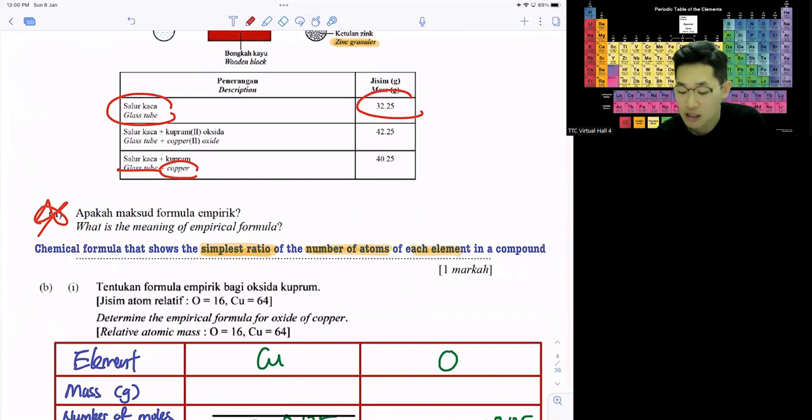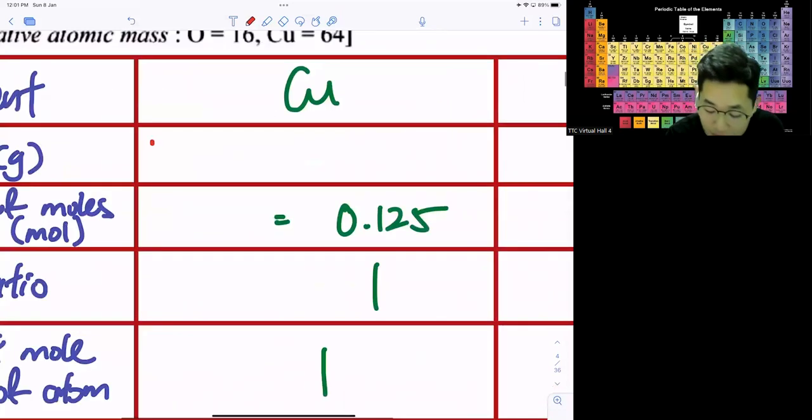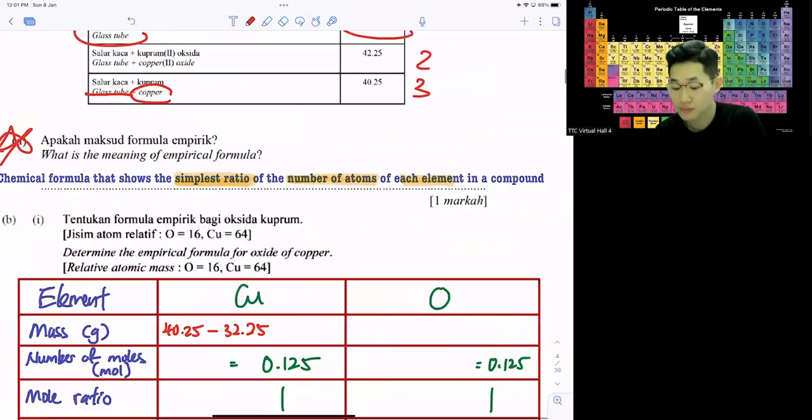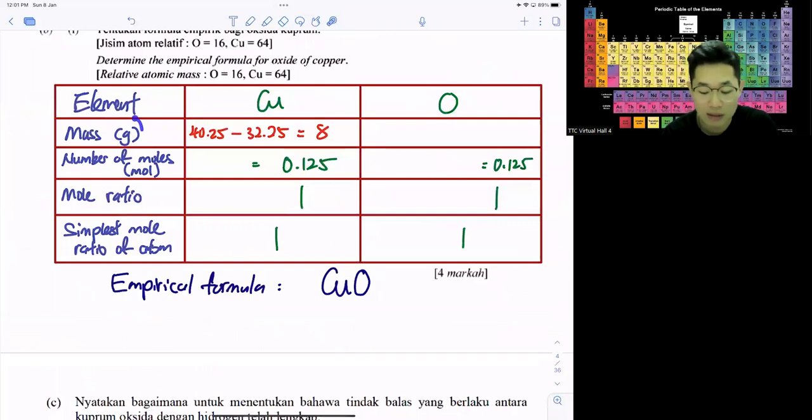So we are going to use the third one here to minus the first one. So I write down here 40.25 minus 32.25, to get how many grams? 8 grams. And then when you draw the table, remember to put the unit here.